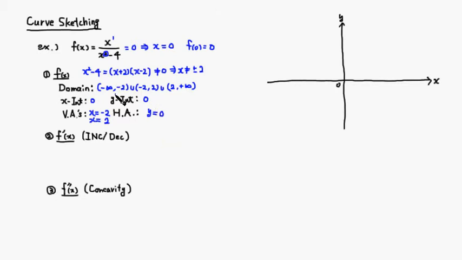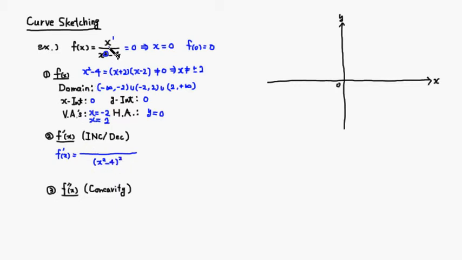Now let's look at the derivatives to see if we can get a bunch of information from there. Let's take the first derivative. f prime of x is equal to, we have to use the quotient rule. Square the denominator, so it's x squared minus 4 squared.